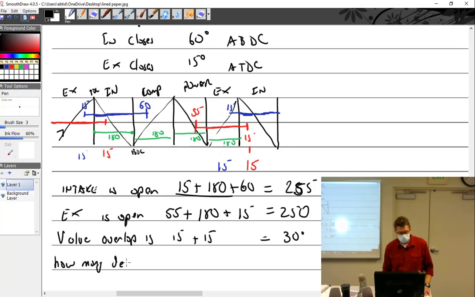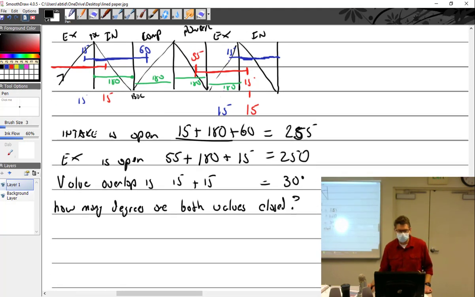How many degrees are both valves closed? I can't read that. Valves closed. So for how many degrees are both valves closed?